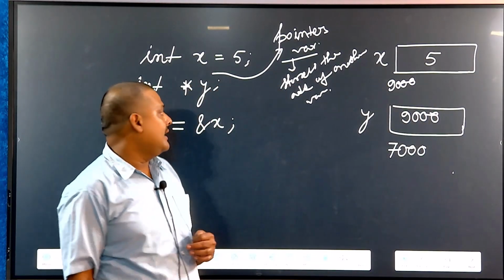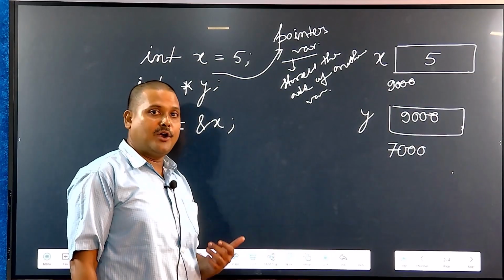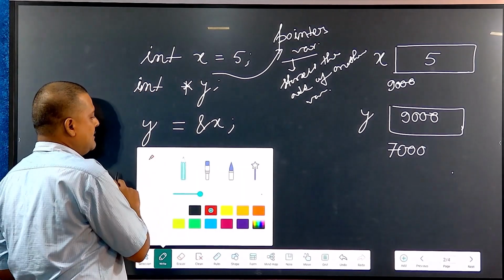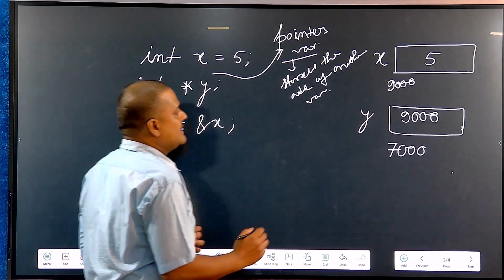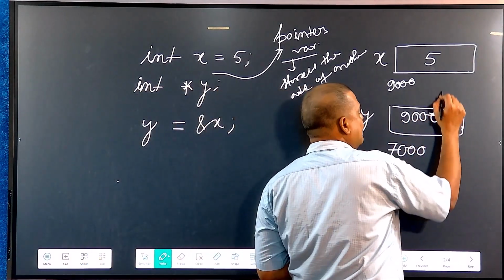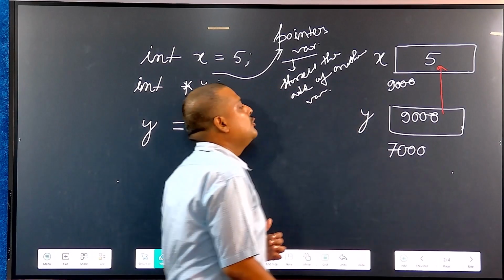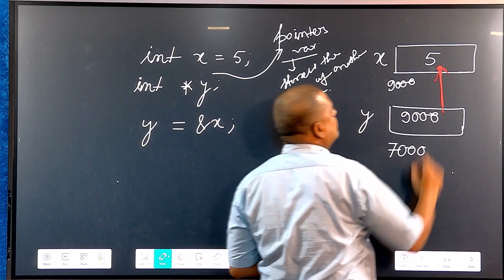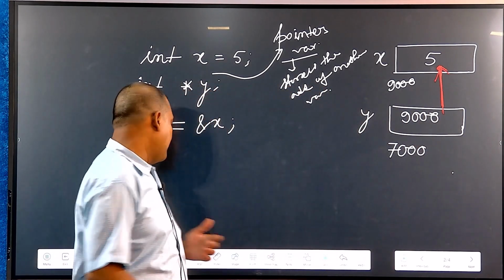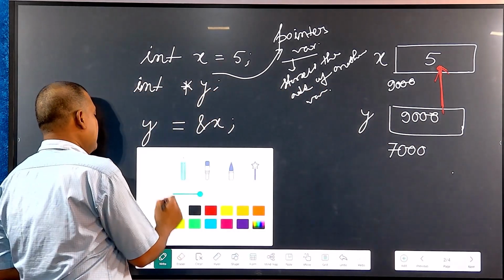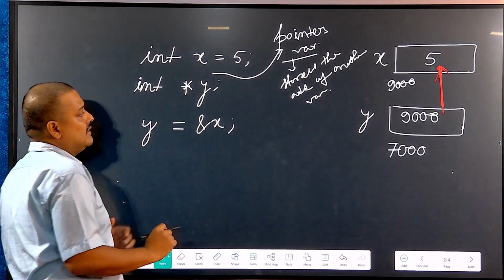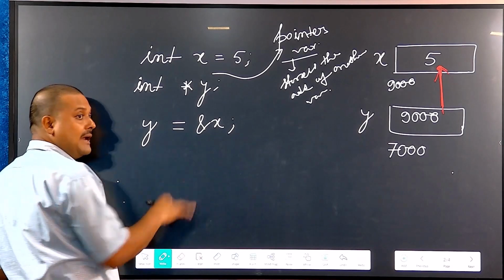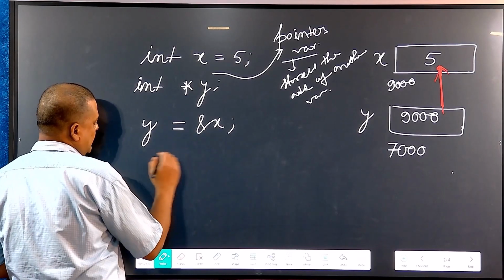Now, in this way, when we have allocated the particular space, this particular location is going to point to this particular value. Now, if I print, I am not going to write printf every time for the sake of explanation.